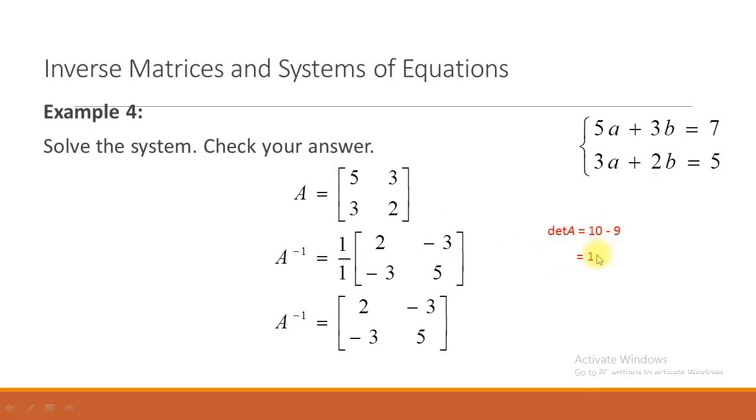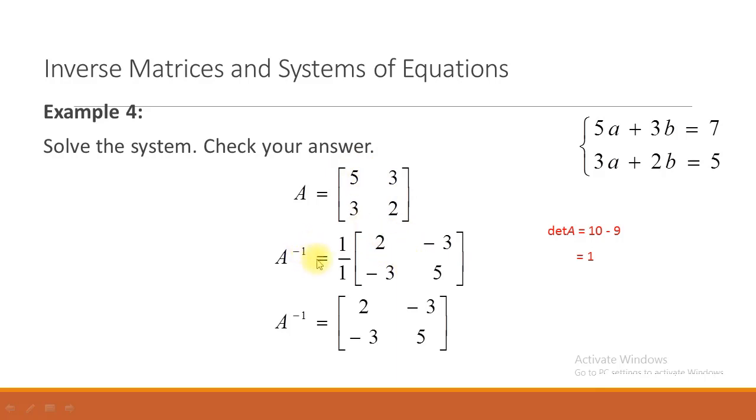So 10 minus 9 is equal to 1. This is the determinant, and to find the inverse we need the determinant and adjoint of the matrix. Change the places of one diagonal and change the sign of the other diagonal. We obtain the adjoint of the 2 by 2 matrix easily. So this is the adjoint of this matrix.